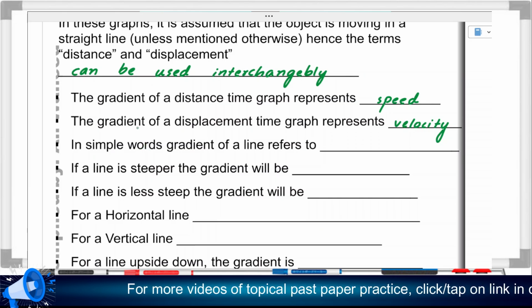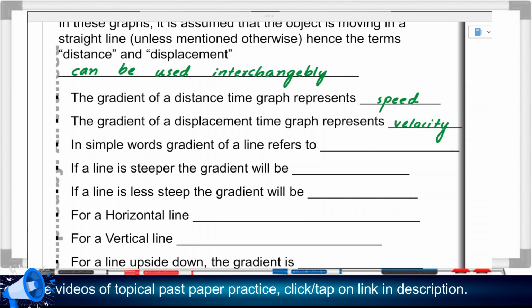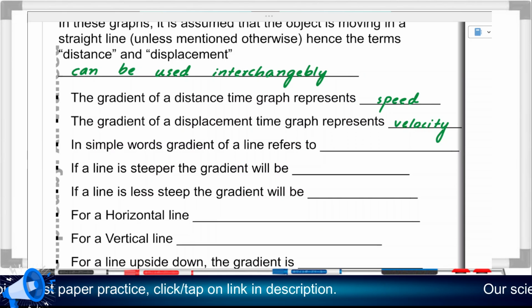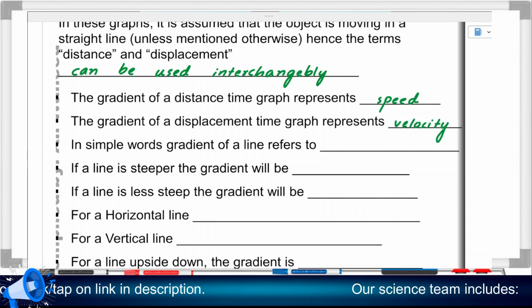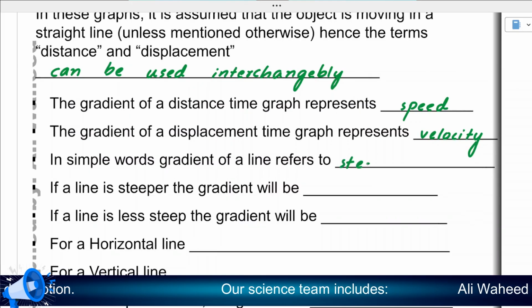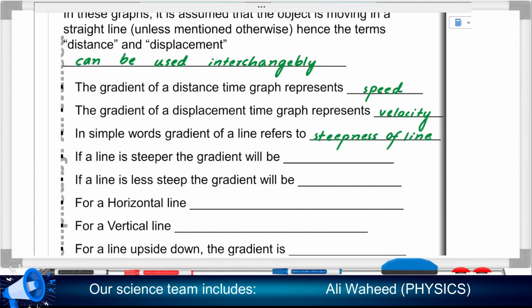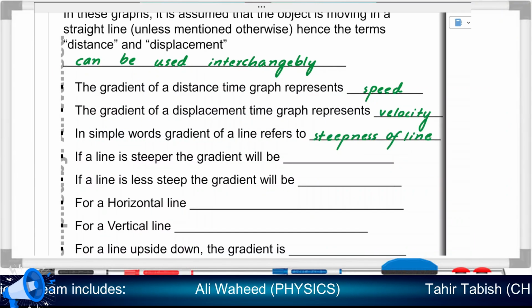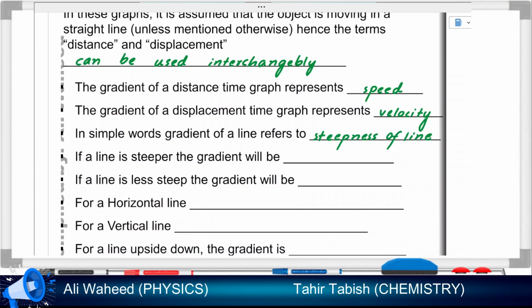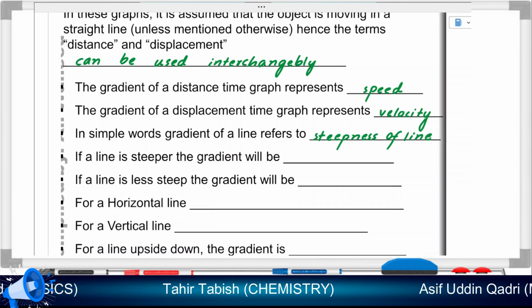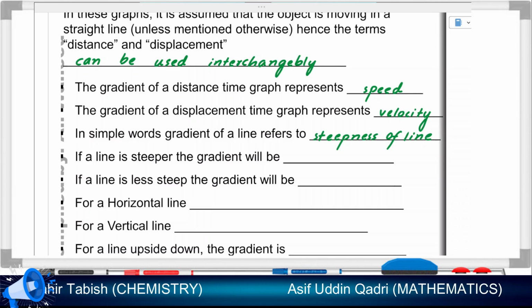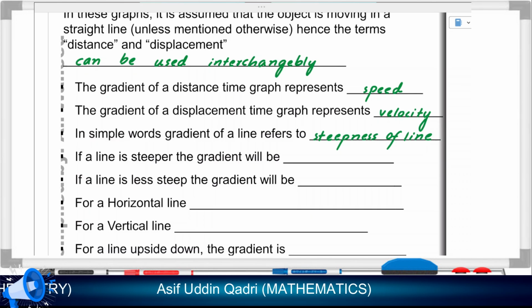Now, what is gradient in simple words? Gradient in simple words is the steepness of the line. If the line is steeper, the gradient would be higher.